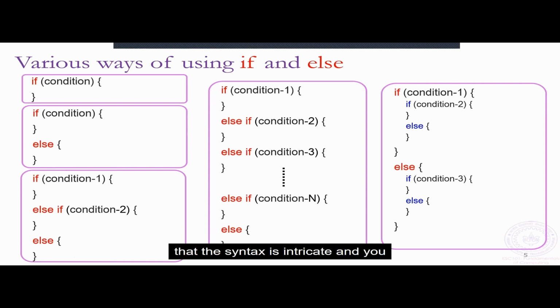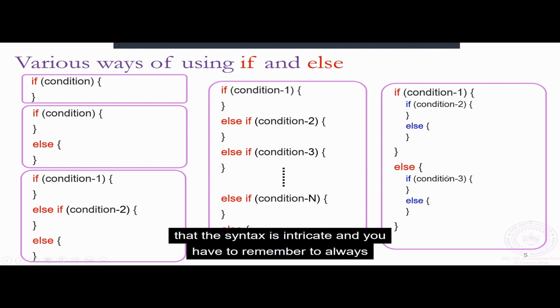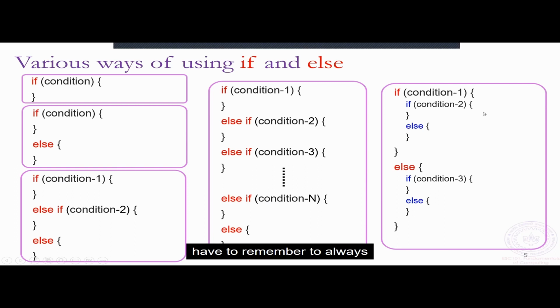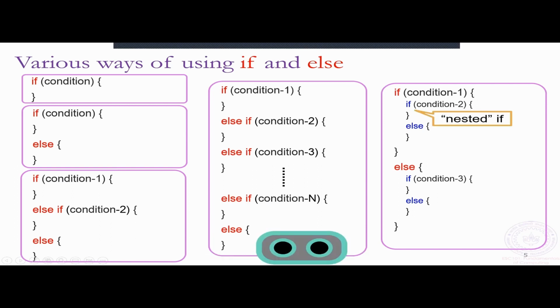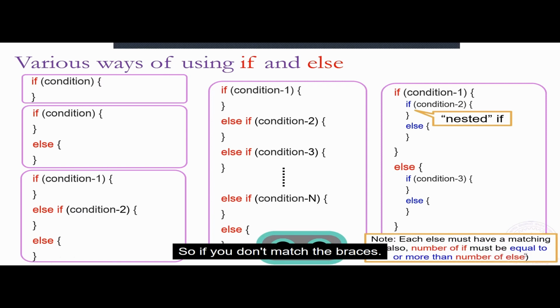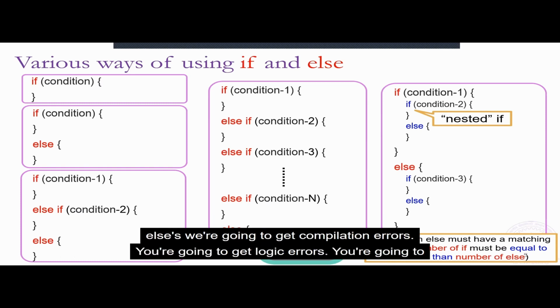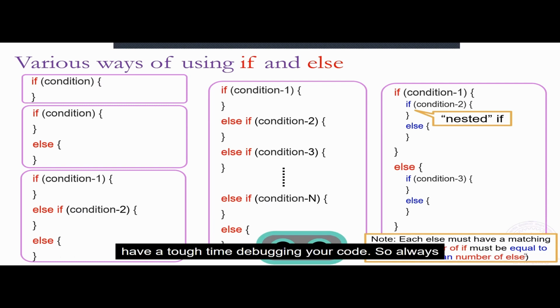It's just that the syntax is intricate, and you have to remember to always match these braces. So if you don't match the braces, and if you don't match the number of ifs and elses, you're going to get compilation errors, you're going to get logic errors, you're going to have a tough time debugging your code.